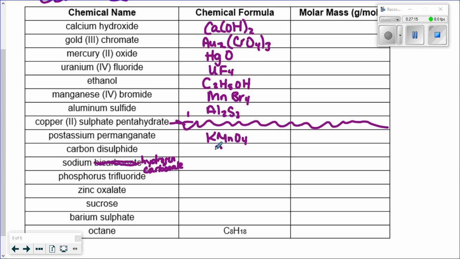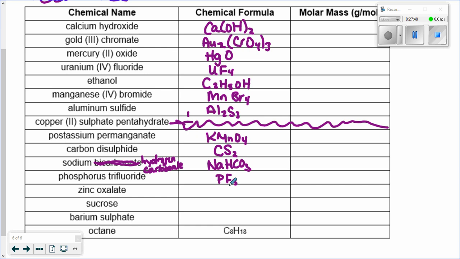Carbon disulfide, CS2. Sodium hydrogen carbonate or bicarbonate is NaHCO3. Phosphorus trifluoride is PF3. Zinc oxalate. Is oxalate on your chart?